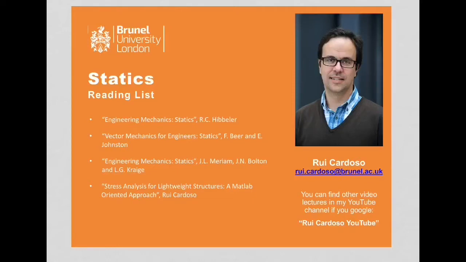So all the examples you will see in the videos, sometimes I refer to which book I've taken the example from, sometimes I don't, but these are the books that I follow. In case I forget to mention which book I took the example from, you have here the list of books, so you know where they came from.